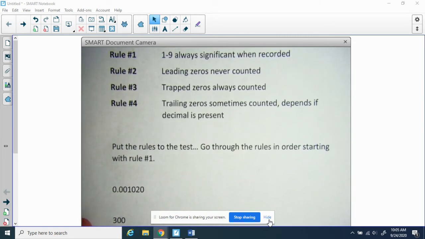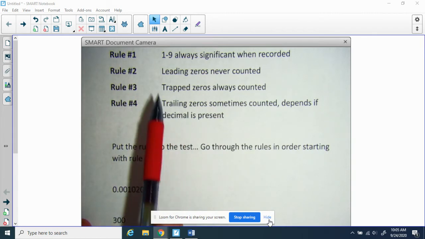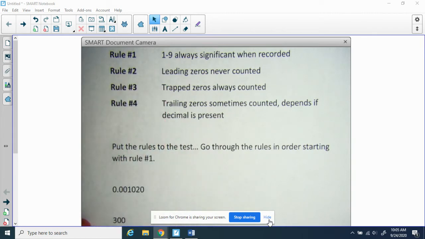Rule number 1 says if I look at this number, I read it left to right, and I'm going to find any 1 through 9 number. Those 1 through 9 numbers in this number that's been recorded are always significant. So I'm finding those numbers. There's a 1 through 9, and there's a 1 through 9. What you see I have left are zeros.